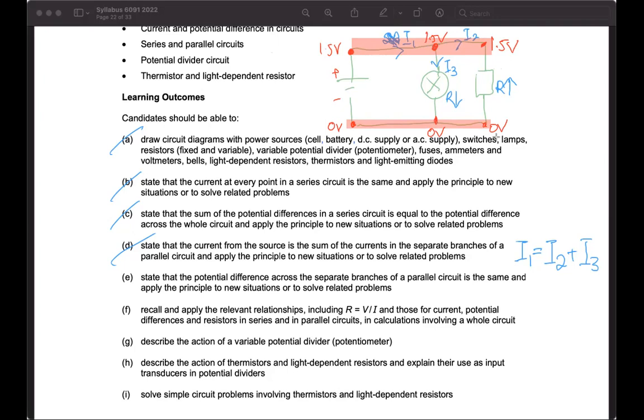Clear so far? Part E is trying to say that the potential difference between the branches is the same. They will have the same potential difference because nothing changed their potential. So the difference across the bulb and the resistor will be the same. Both PDs are the same in a parallel circuit.